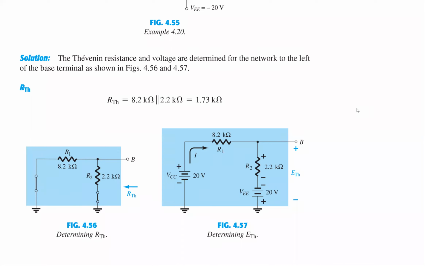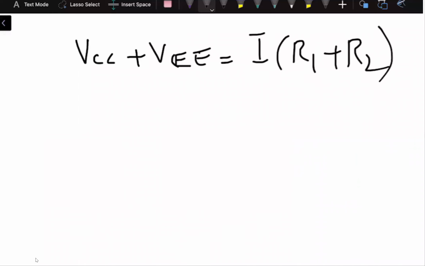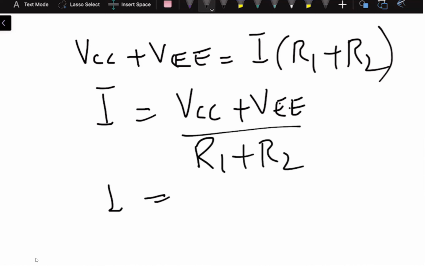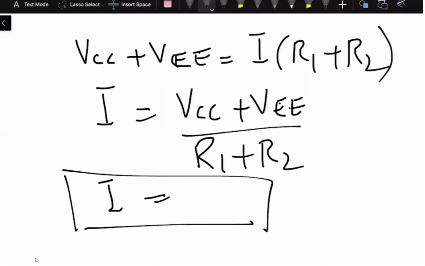The equation will be VCC plus VEE is equal to I into R1 plus R2, or I will be equal to VCC plus VEE divided by R1 plus R2. Putting in the specific values, we can find the value of I flowing in the circuit.